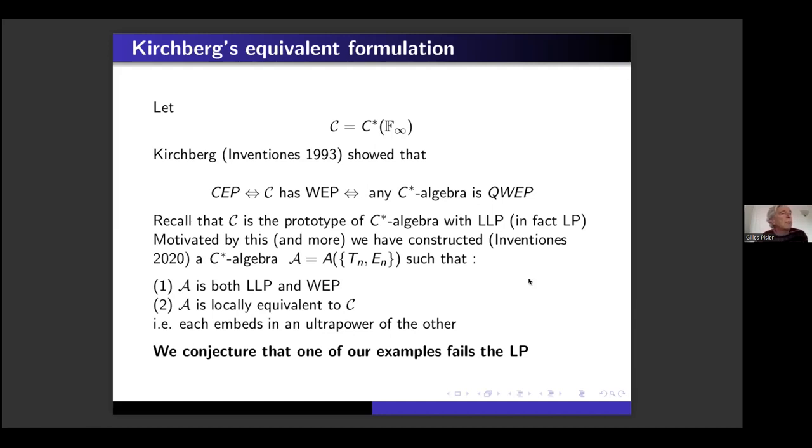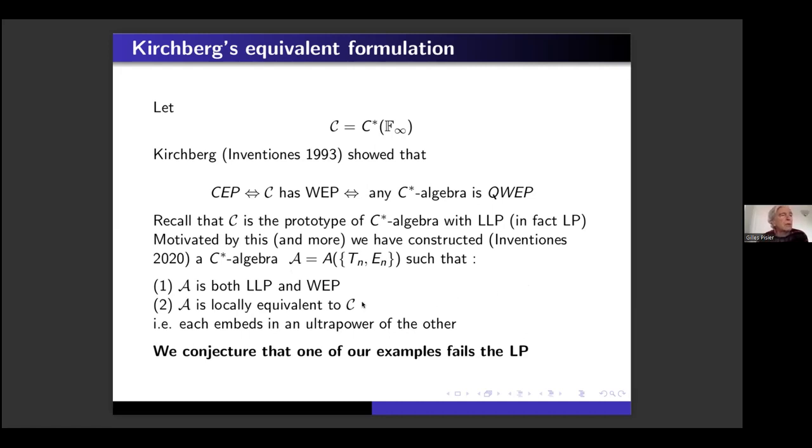And motivated by this, we constructed a few years ago, in our Inventiones paper, a C-star algebra that I want to refer to in the talk. I give it the name script A, and I'll explain very quickly at the end how it is fabricated, which is both LLP and WEP.